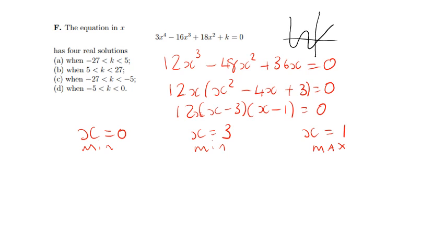If we start off with 0, we get 0 minus 0 plus 0 plus k equals 0. So k needs to be less than 0 for us to get our minimum underneath the x-axis. Next one with 3, a little bit more complicated. We're going to get 2 times 3 to the 4 minus 4 times 3 cubed plus 18 times 3 squared plus k equals 0, which if we work that all through gives me k minus 27 equals 0.